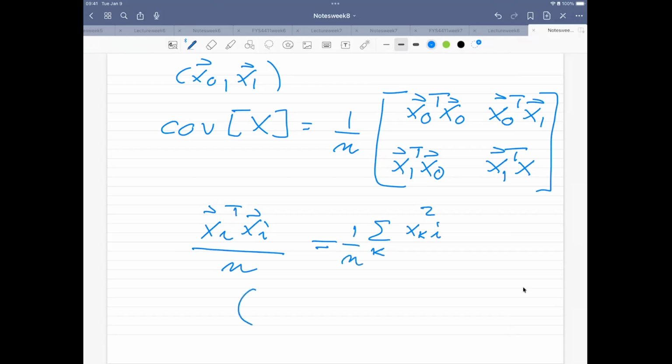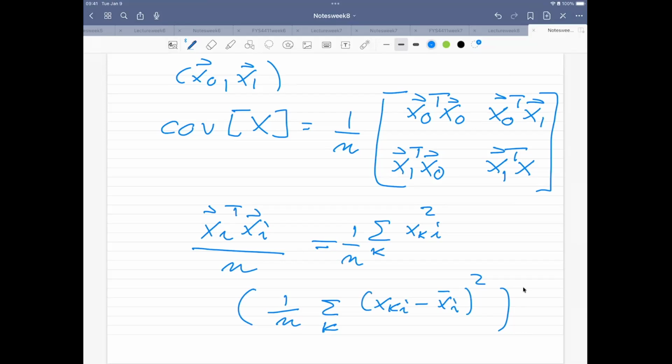And in principle, since I'm using this centered matrix elements, it's actually 1 over n, sum over k of x_ki minus the mean value, squared. This quantity has a name in statistics. Does anyone remember that name? Yeah? That's the variance. So the diagonal elements are the variances.